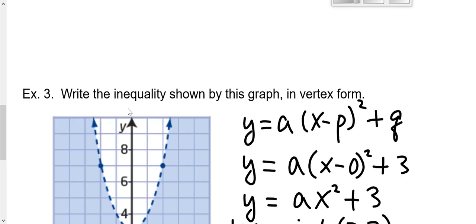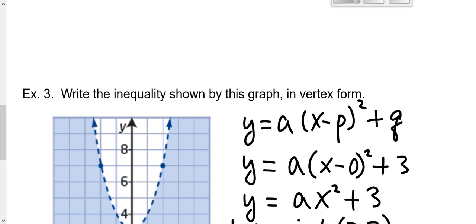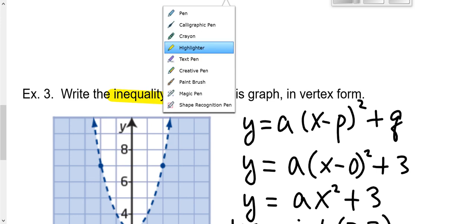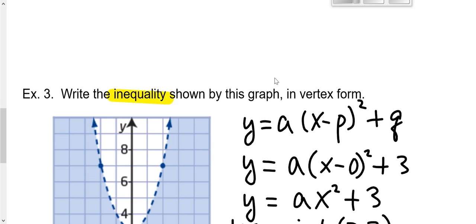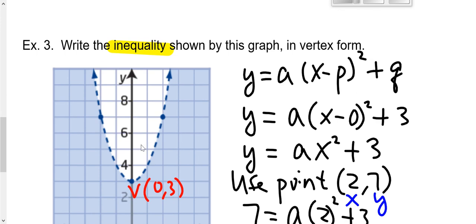Why? Look at this. What's the keyword here? Inequality. Do we have an inequality sign here? Not yet. So look at this graph. What does that tell you? Did we shade above or below? Below means less than or equal to, or less than.